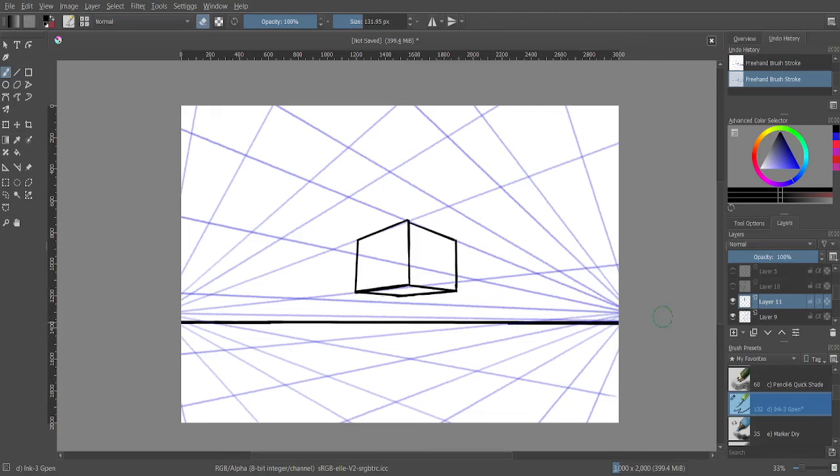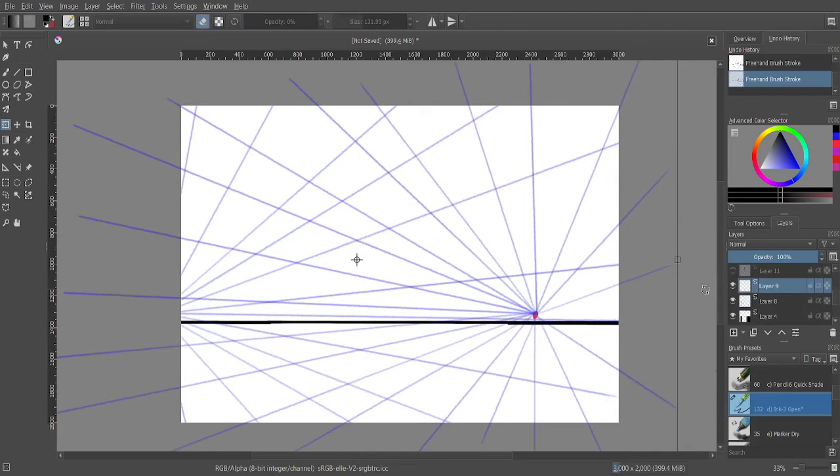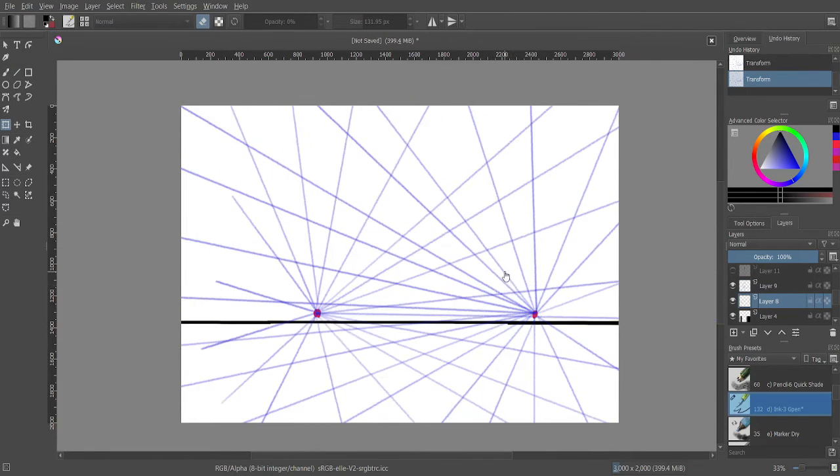But what happens if we move both vanishing points close to each other? Too close. So if I were to move this one here, and this one over here, now if I were to draw a square again, it would look something like this, where it's pretty obvious it looks stretched.